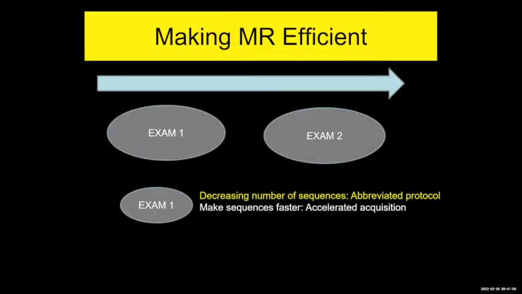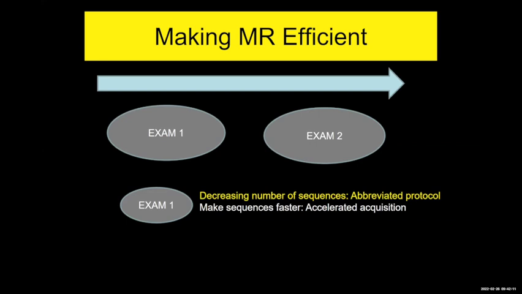There are a couple of ways that people try to address this problem. One is to decrease the number of sequences. We look at our protocol and say some of these sequences have a lower information content and don't provide the same degree of information, so maybe we can eliminate those. That's the idea behind abbreviated protocols.